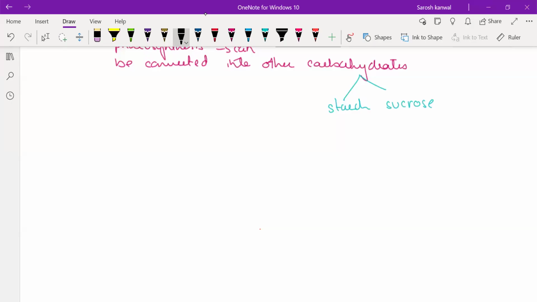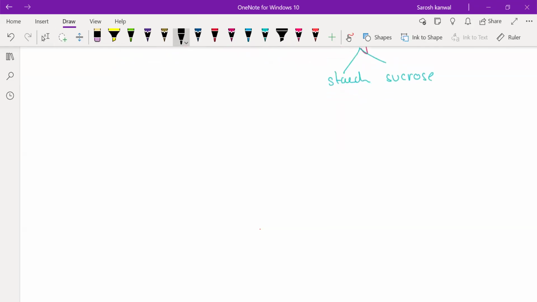Okay, fine. Before proceeding with the use and storage of carbohydrates, we can see a few more points about starch and sucrose. We know that the glucose is used in respiration to provide energy, right?